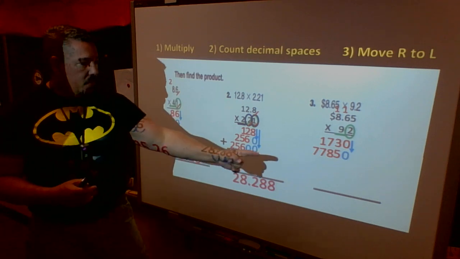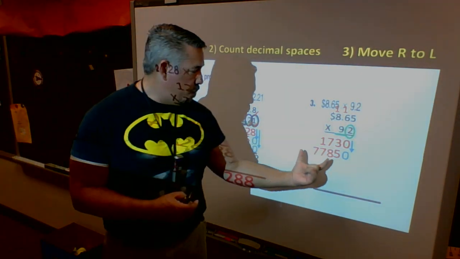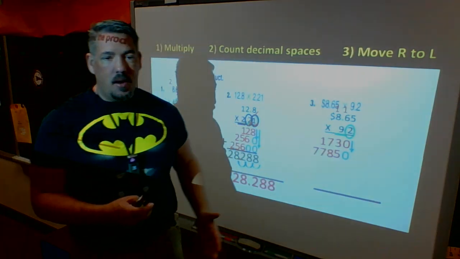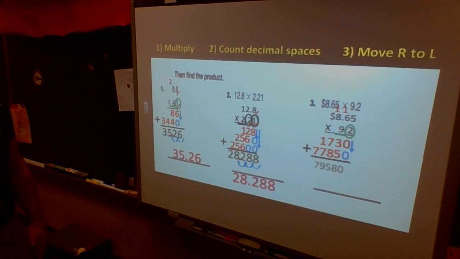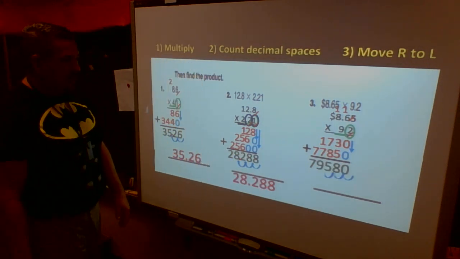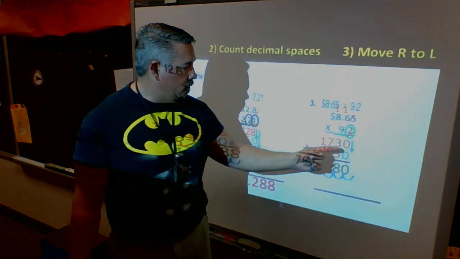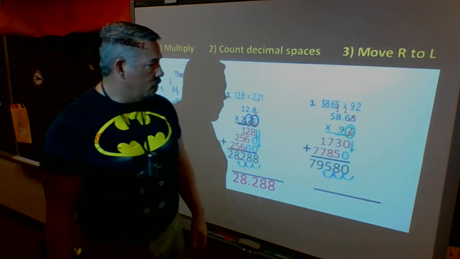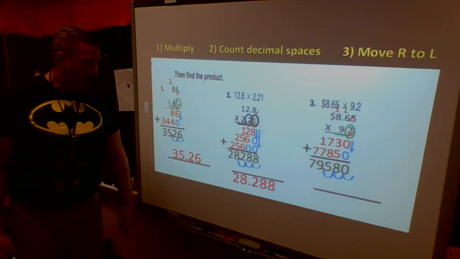Once again, if I skip this 0, what I often see still at this point of the year is people shift it over and it's lined up incorrectly and they get the wrong answer. Make sure we have it lined up and we write neatly. I have to shift it 3 times because there are 3 decimal spaces. So I shifted 3 times.